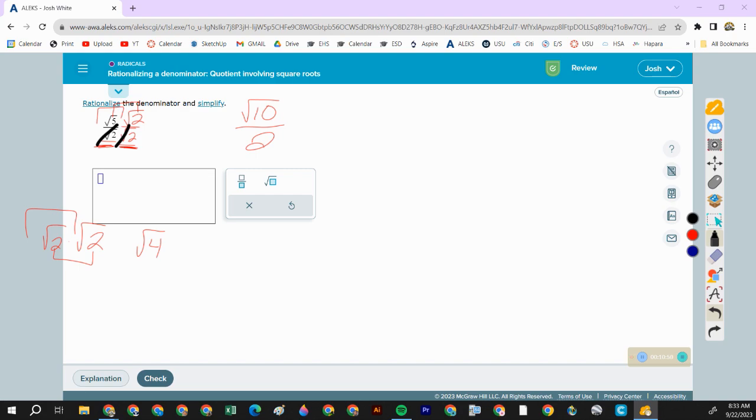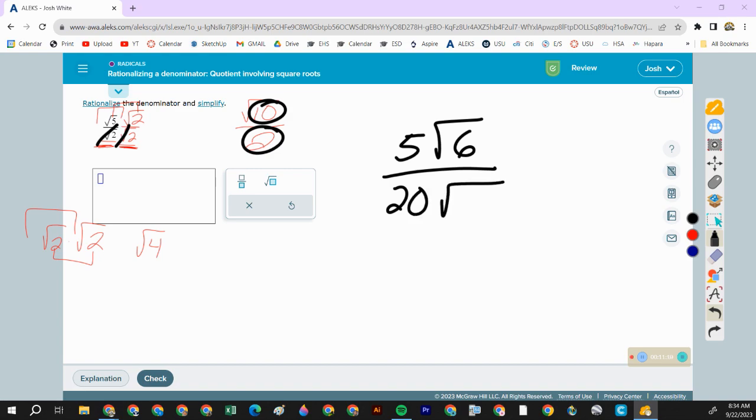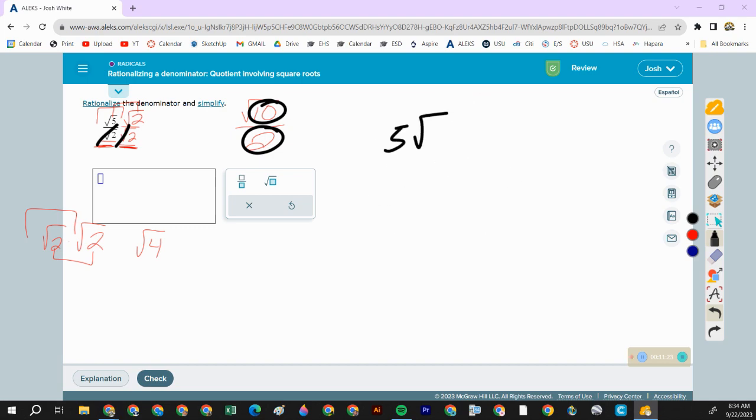Okay? Now, can I take a 2 out of both of those? No. Because that 10 is not really a 10. It's the square root of 10. If I had 5 root 6 over 20 root 8. Let's not do 8. Let's do 10. Whatever. Let me start over. 5 root 10 over 20 root 6.